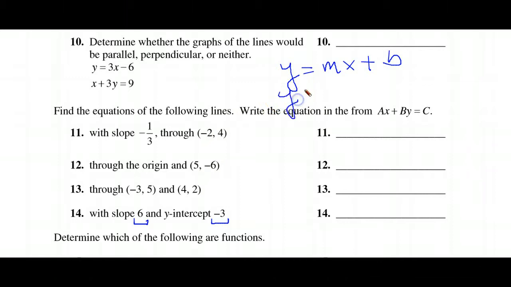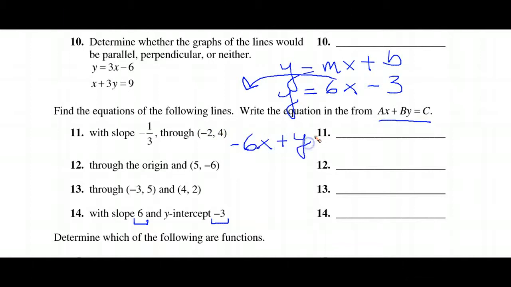We get y equals, our slope is 6, and our y-intercept is a negative 3. But they want it in standard form. So I'm going to have to transpose that. So it becomes a negative 6x plus y equals a negative 3.